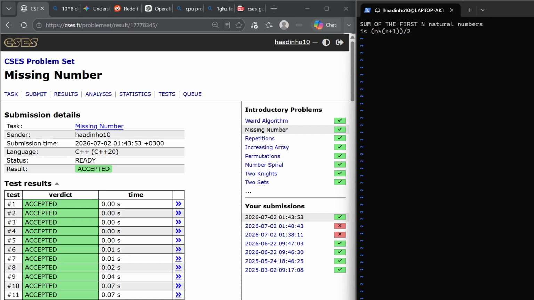How do I prove this? Let's take a base case for 1. So 1 into 1 plus 1 is 2, and 2 by 2 would be 1 only. So the first natural number is 1. Natural numbers are actually like this.